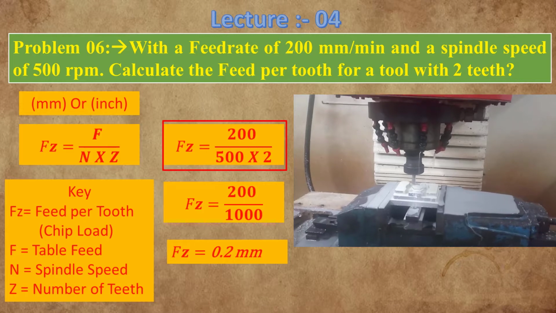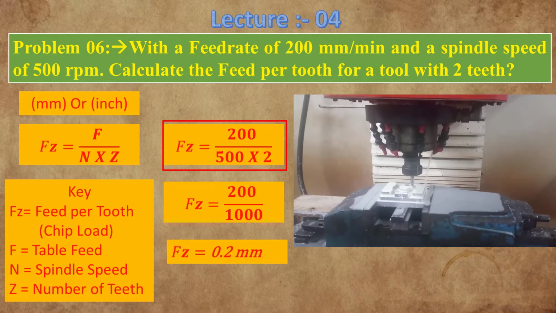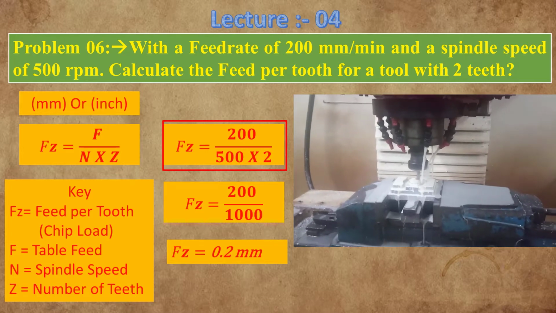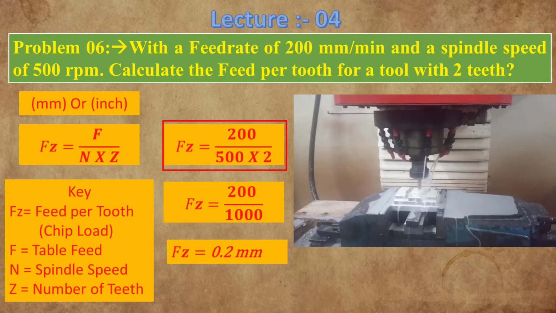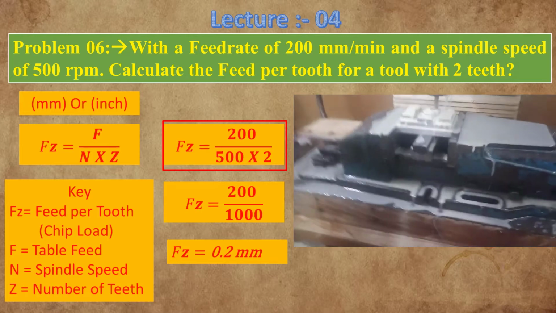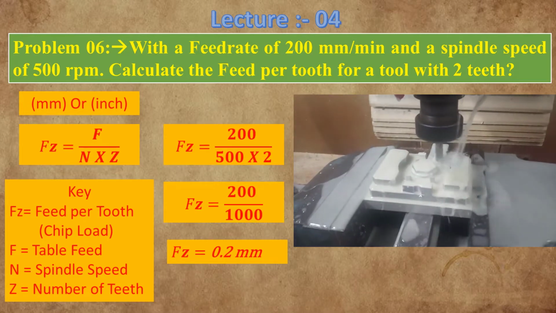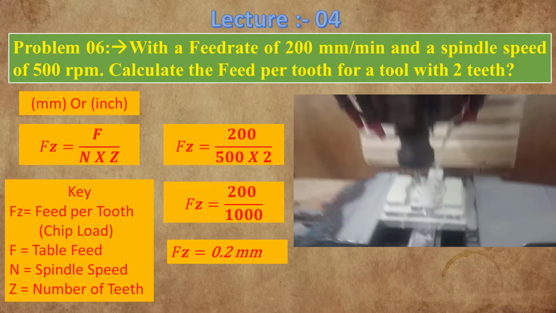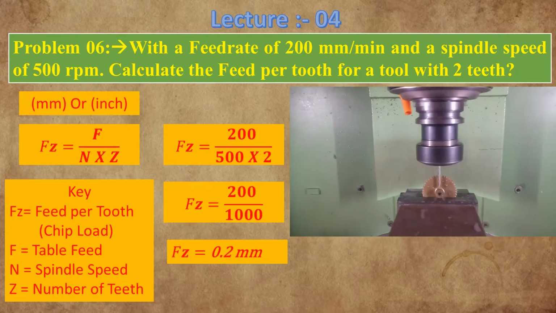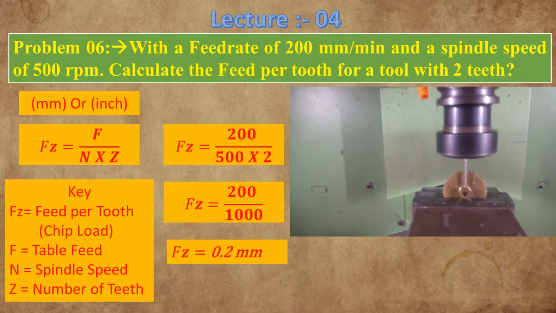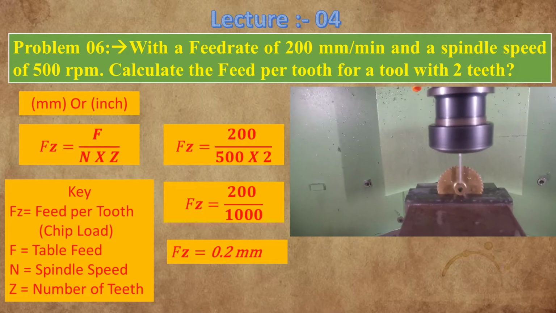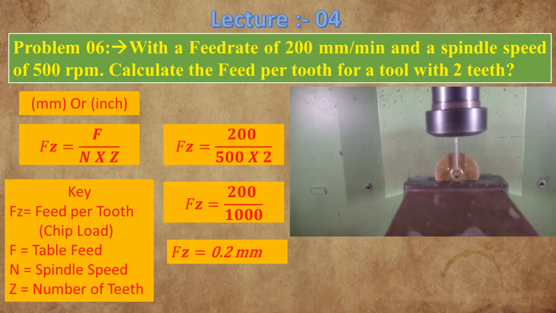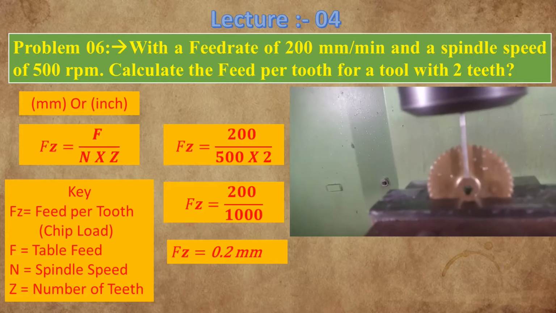Say we are using a slot drill with 2 teeth. 500 times 2 is 1000, and 200 divided by 1000 is 0.2 millimeters. So each tooth would remove 0.2 of a millimeter each time it engages with the material. It is the same as our table feed calculation; we just transpose the equation to make feed per tooth the subject.